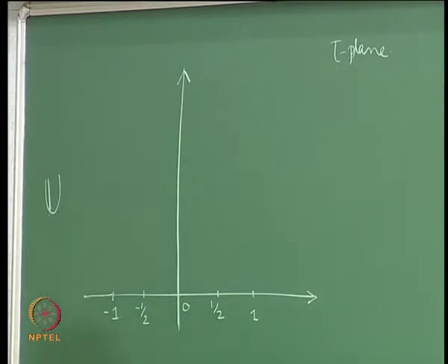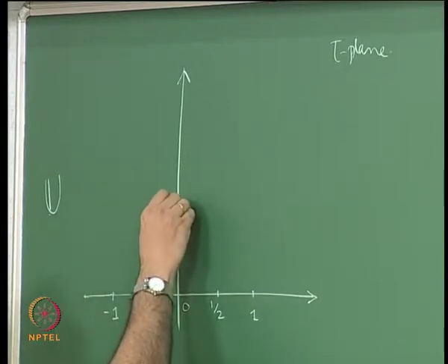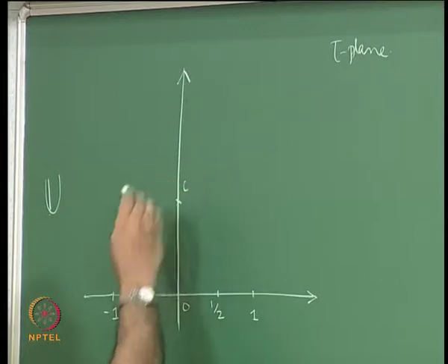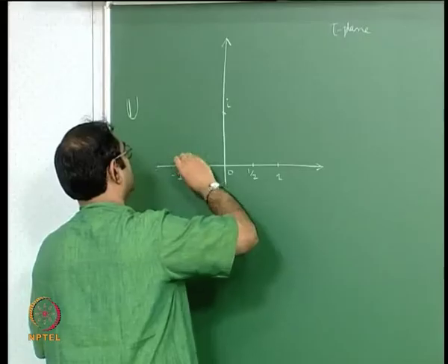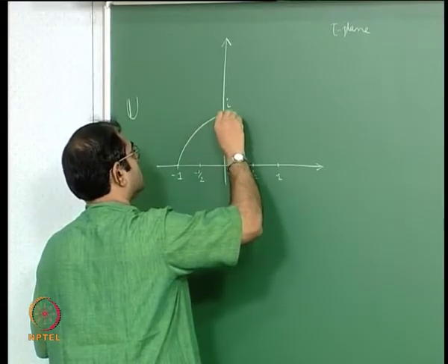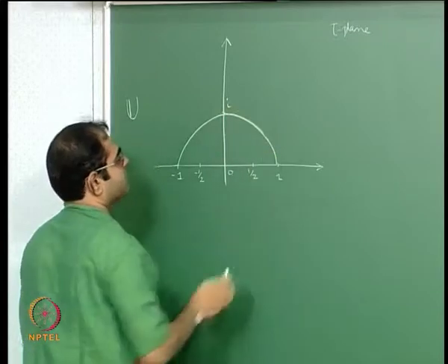and with 0 as the center, draw a semicircle of radius 1 in the upper half plane. So it will pass through i, and so you have this semicircle.